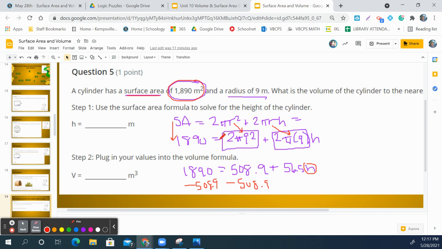And then all we did was put these numbers in the calculator to clean it up a little bit, right? I don't like looking at 2 times pi times 9 squared, so we put that in the calculator and got 508.9. I don't like looking at 2 pi times 9, so we put it in the calculator and got 56.5. Now all we're doing is solving. Subtract your constants from both sides and then divide by your coefficient. And it should give you h.